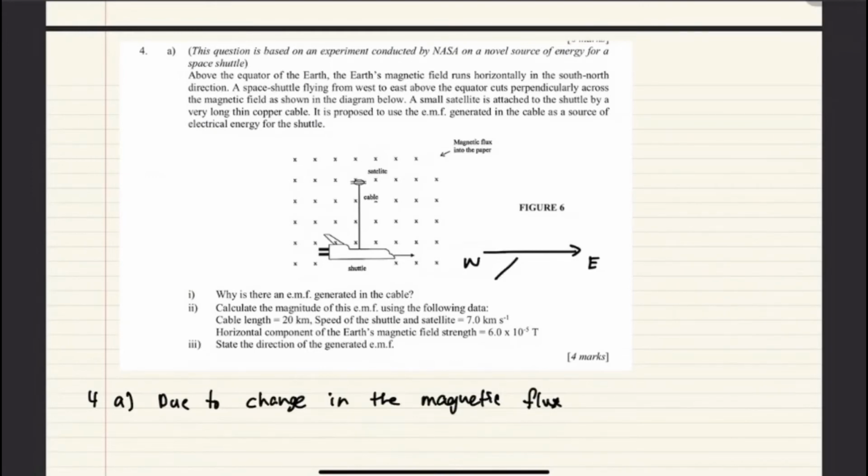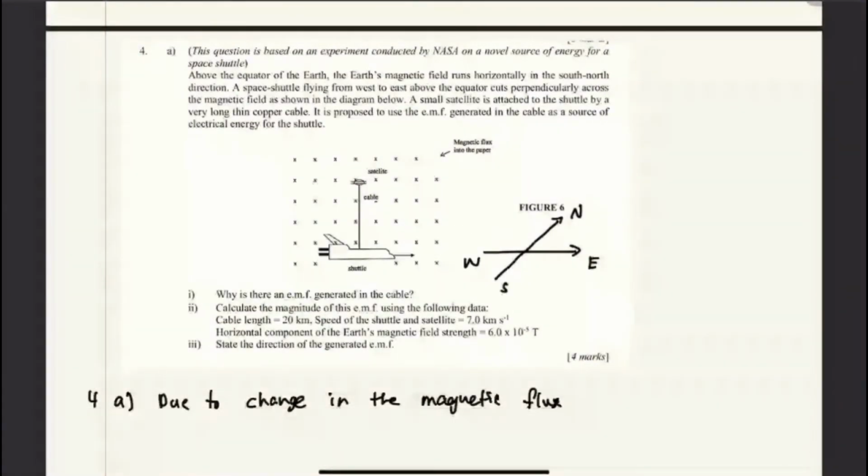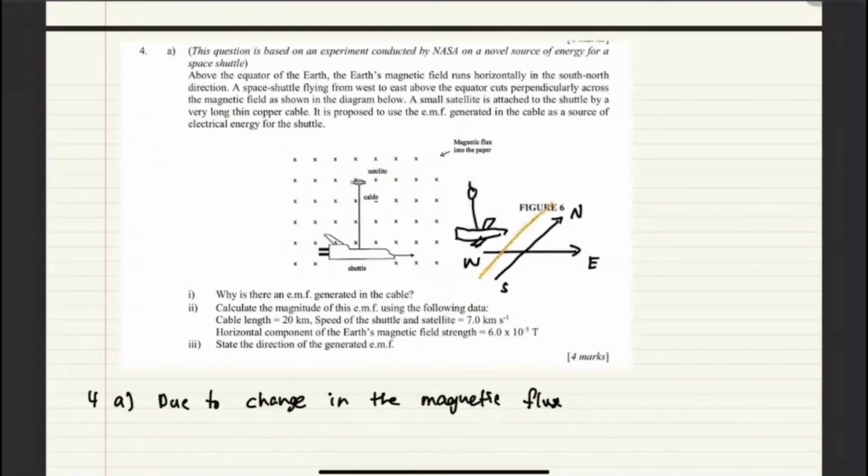Okay, south ke north. So ini kamu punya field. Kalau kamu nak bayangkan macam 3D juga, basically this is the aeroplane tadi tu. And then the magnetic field along this direction macam tu.